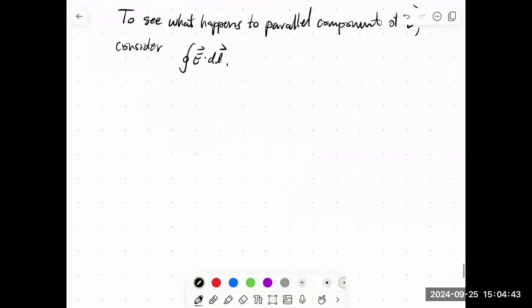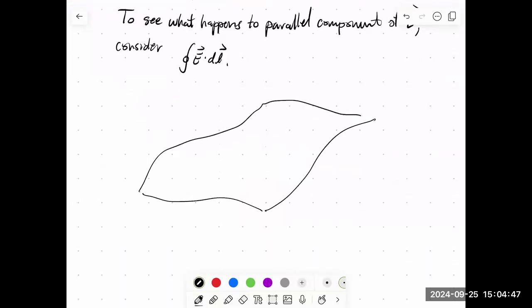So I'll draw our surface again. And our loop is going to be something like this. So we'll go around a loop like so, in a clockwise direction. The dashed lines are below the surface, and then the solid lines are above the surface.